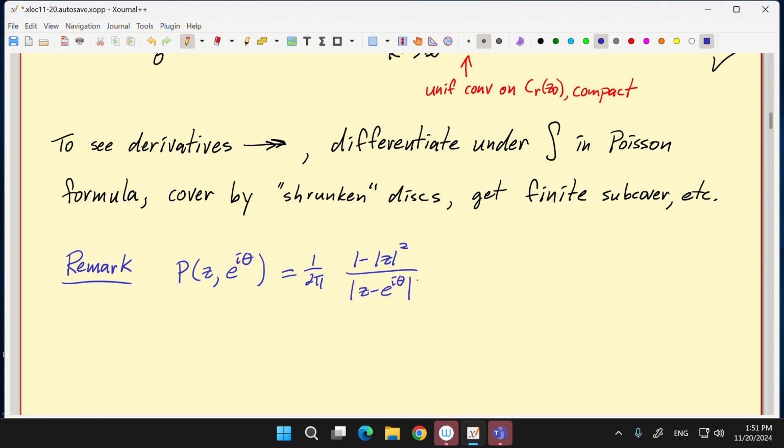A couple lectures ago I forgot to put the square here when I wrote this. I fixed it when I posted the notes, but that square belongs there. And that's the real part of 1 over 2 pi times (z plus e to the i theta) over (z minus e to the i theta).